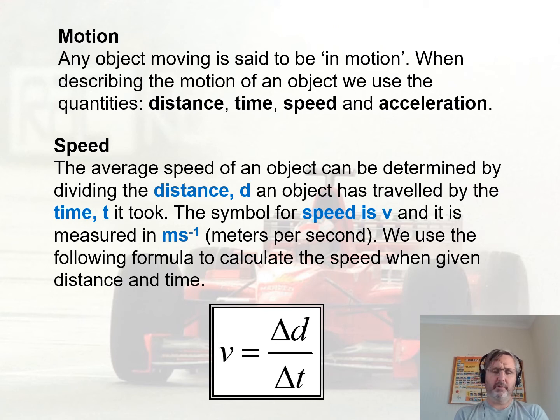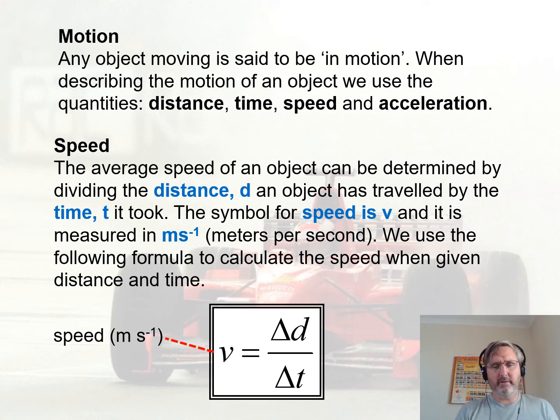Notice that the symbol for speed is v, because in physics, when we get to higher levels, instead of saying speed, we're going to use the concept velocity. But at this level, v is speed, measured in meters per second.